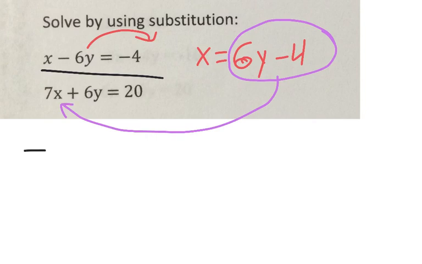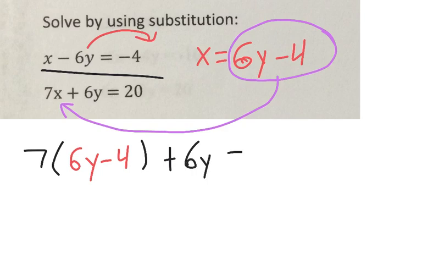So this would be 7 times x, but x is now 6y minus 4 plus 6y equals 20. So I have taken what used to have two different variables, and now they just have a single y.